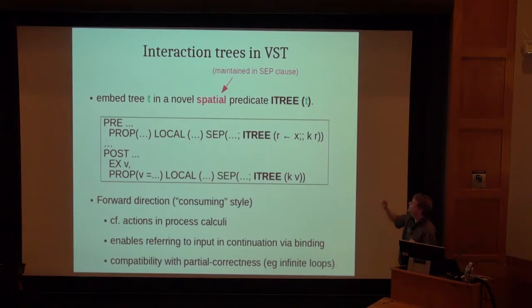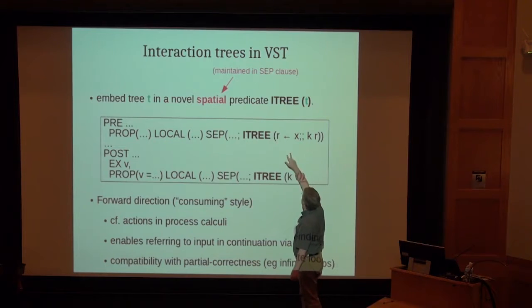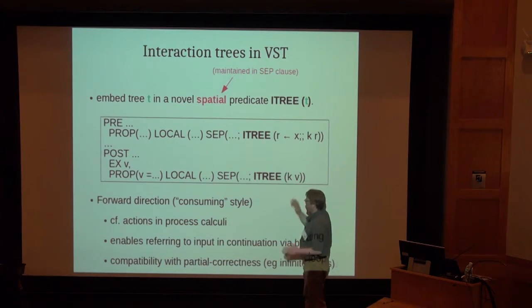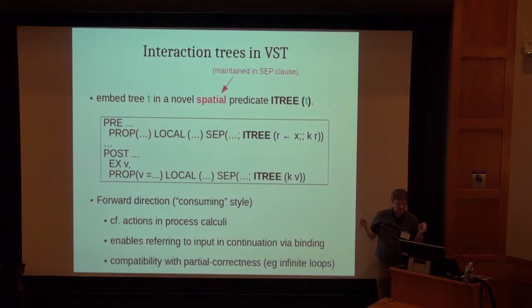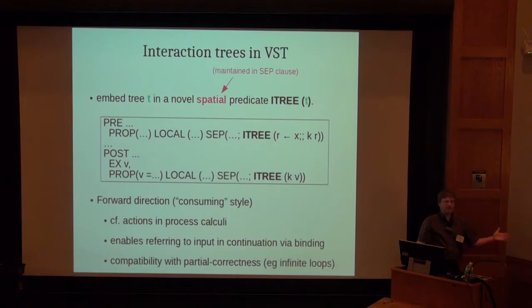But this is a little bit more similar to well-known ways that process calculi operate. It also simplifies the treatment of these bindings, because typically when you see just a sequence of input values and output values, if you just create a trace, then it's not so clear whether an output value of 3 was just emitted because the program said I want to emit 3, or whether it referred back to some input.